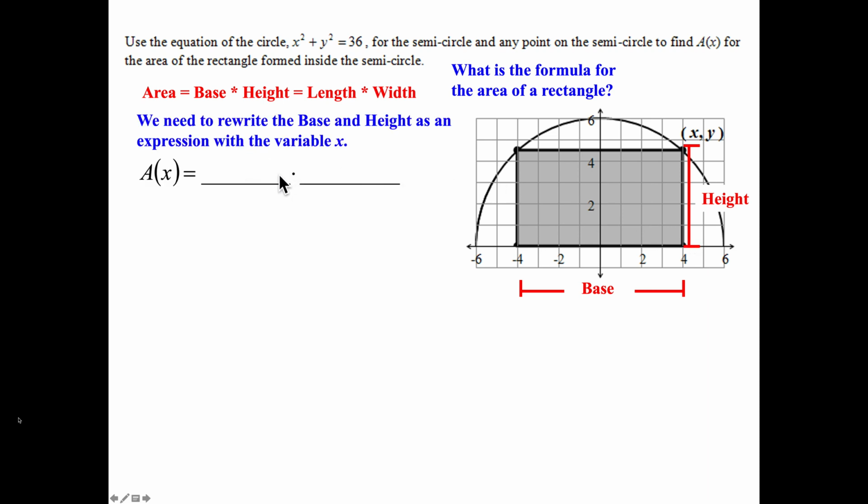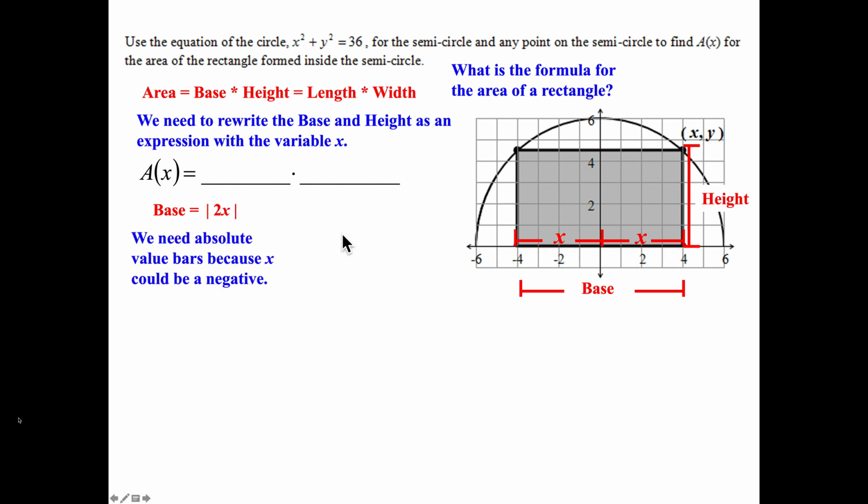So to rewrite my function, our base written in terms of x, let's do base first. Well, from 0 out to this point x here, that's x, but that's only half the base. So we're flipping over the y-axis to this point. So there's technically 2 x's here.